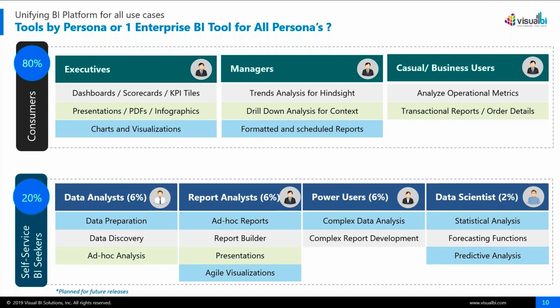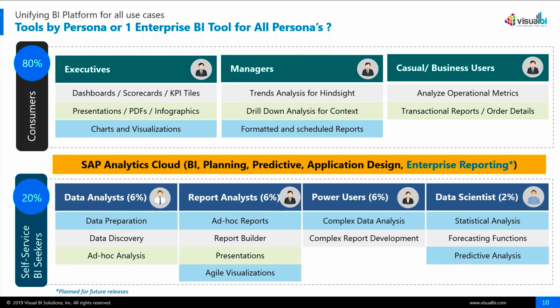Which means it is positioned in such a way that it can cater to all business users as well. Like I already said, enterprise reporting is still not available with SAP Analytics Cloud, but it is soon going to be a part of it. So primarily it is available for all types of reports and all users across different levels.